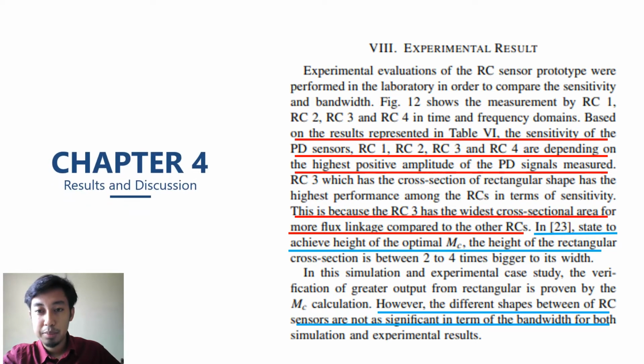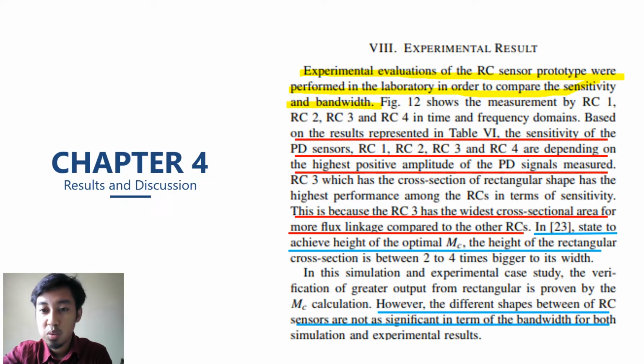This is the experimental result here. You can read carefully. We read together. For the experimental result, experimental evaluation of the RC sensor prototypes was performed in the laboratory in order to compare the sensitivity and bandwidth.